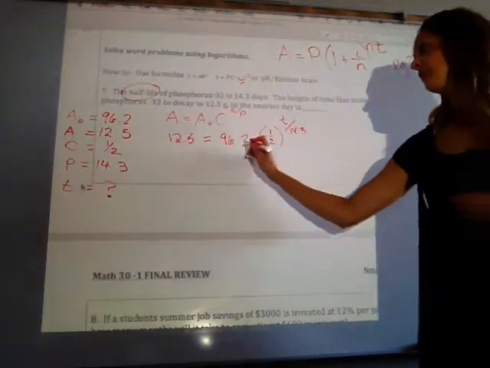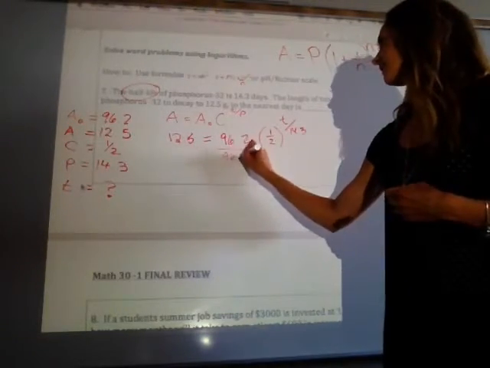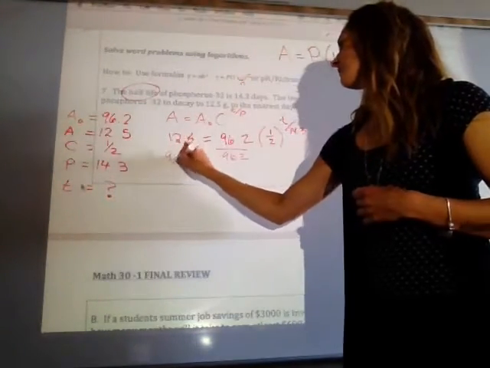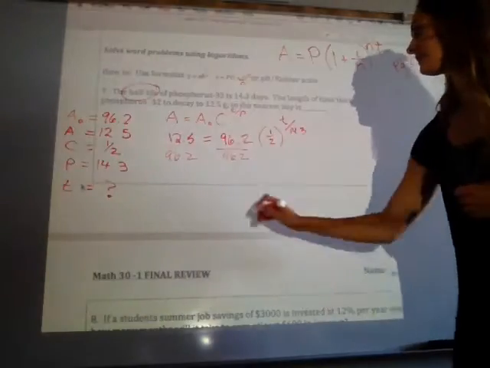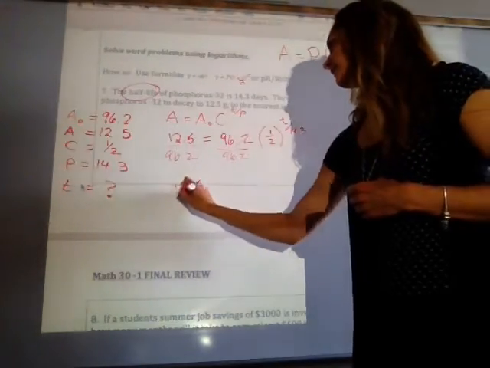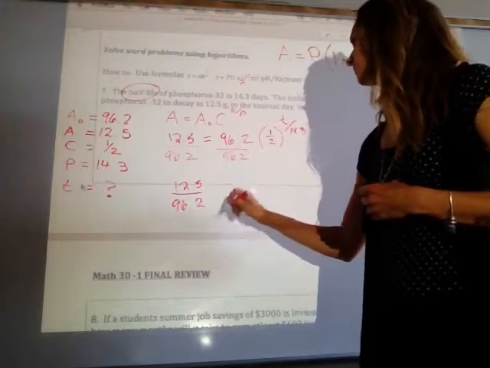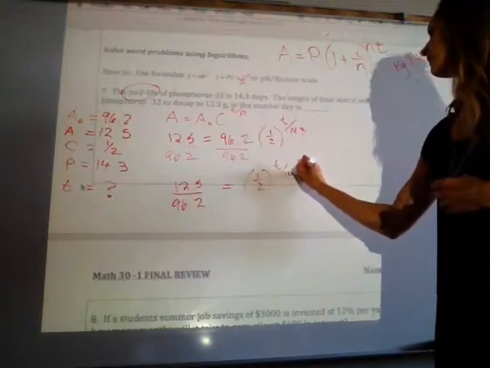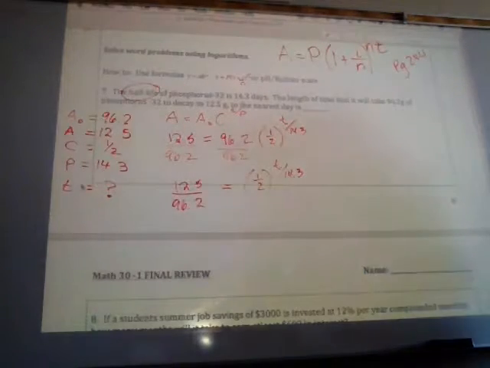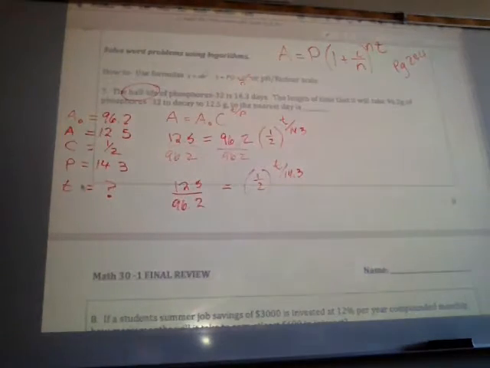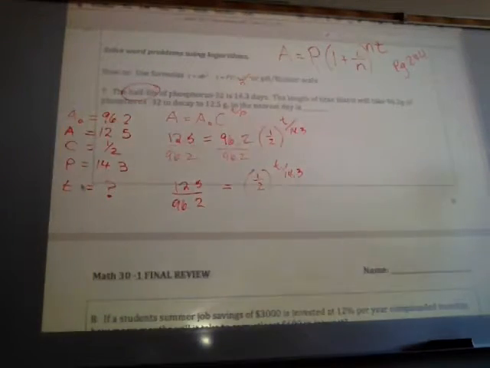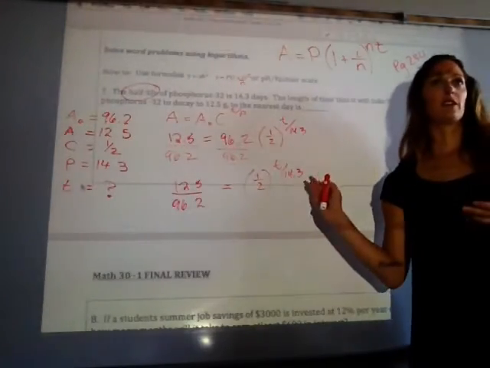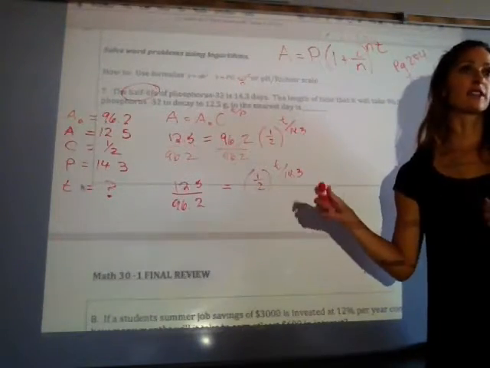Algebraically, however, you would first divide by 96.2. So we have 12.5 over 96.2 equals 1/2 to the power of t over 14.3. Our unknown is in the exponent. We cannot solve for it using exponential form, so we have to convert to log form.